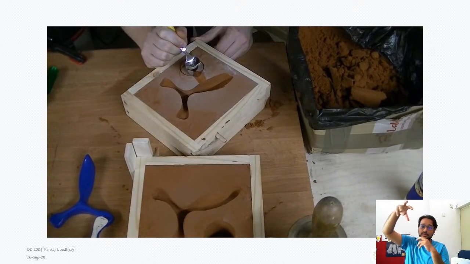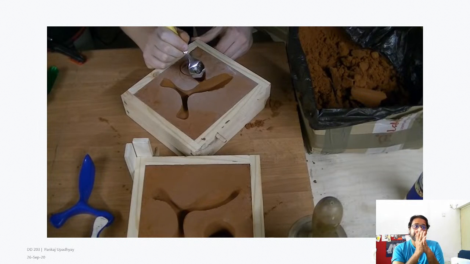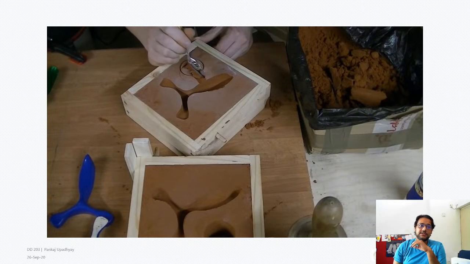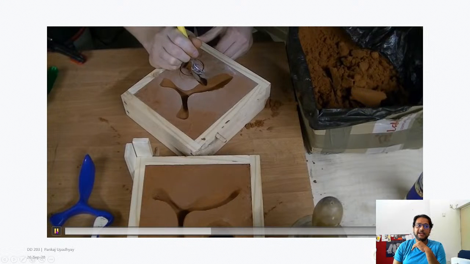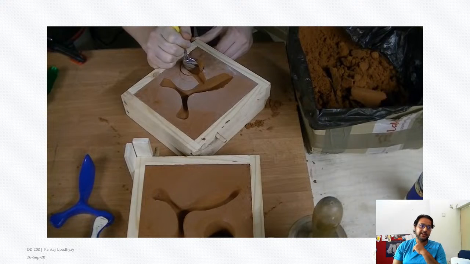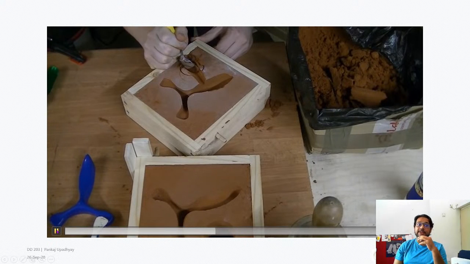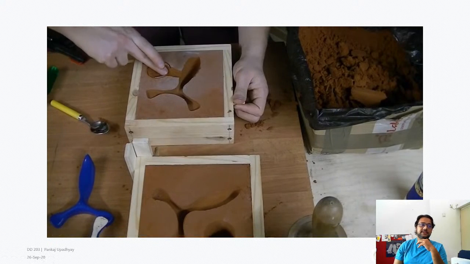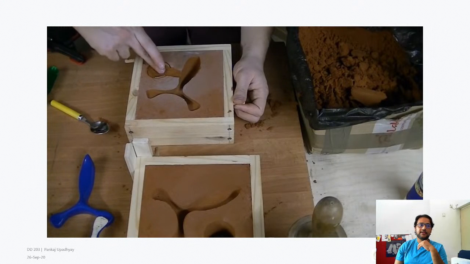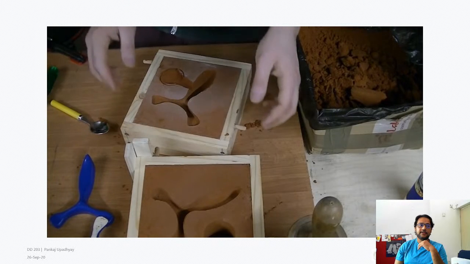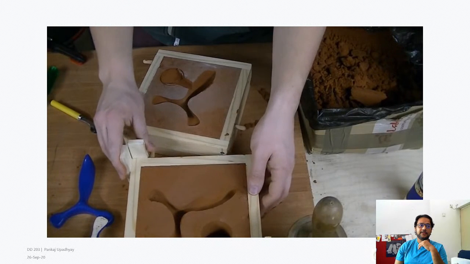A tunnel is created to connect the sprue to the cavity. This small area that he's creating is for the metal to flow into the cavity, and this is called the gate. Okay, GATE, gate. The mold is closed and now ready for pouring.